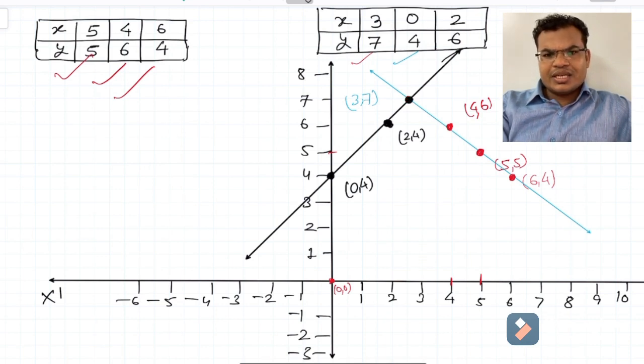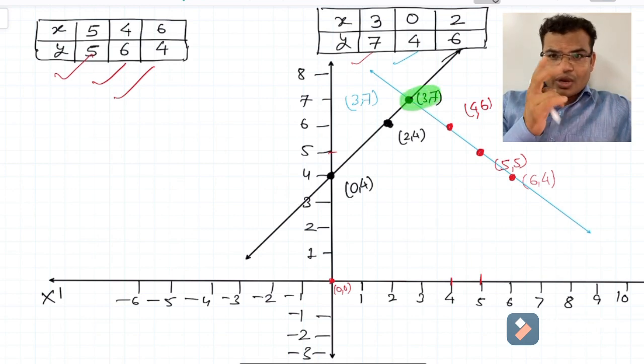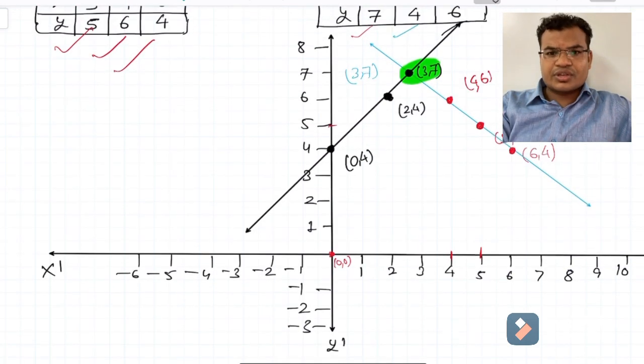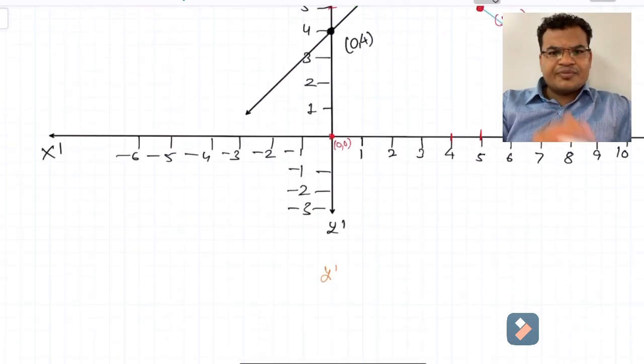So you can see here we are getting one straight line which is intersecting the another straight line at 3 comma 7. So remember guys, whenever you have two straight lines and they are intersecting, the intersecting point will be your solution. Okay, so basically the first value is your x and the second value will be y.